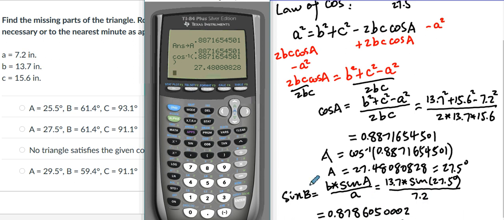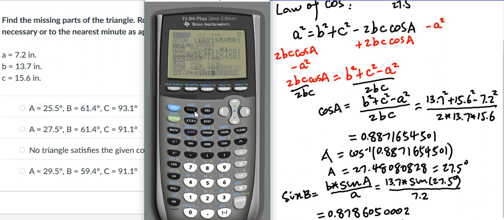So we do 13.7 times sine. Here is the sine. Make sure your calculator is in degree mode, so check that the degree is highlighted.